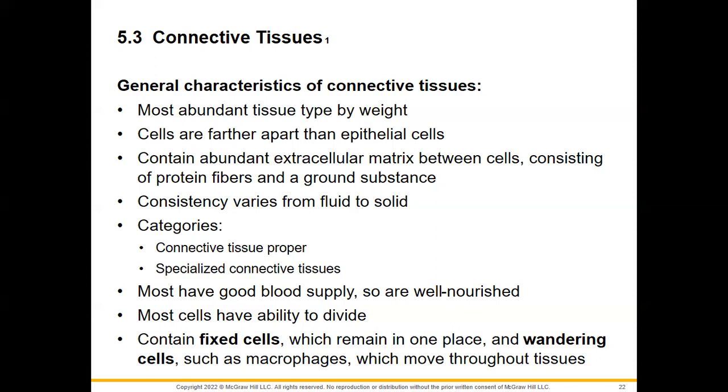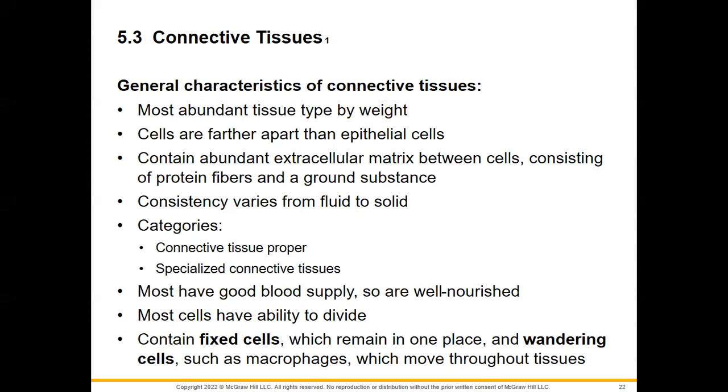So, some general characteristics of connective tissues: they are the most abundant tissue by weight because they are so varied and so much seen around the body, it ends up being the tissue type of the four that is the most abundant in the body, physically the most abundant in the body.